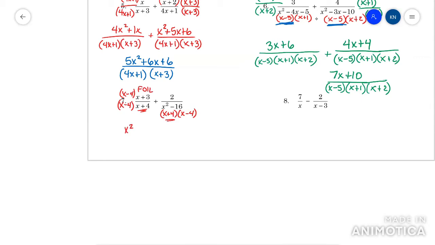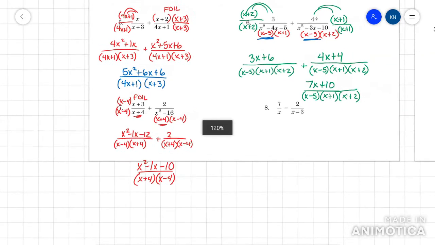So you're going to get x squared minus 1x minus 12 if you do it correctly. And on the right, it's just the exact same thing because it already had the common denominator. Now you can combine numerators. And that's how you would do that one.